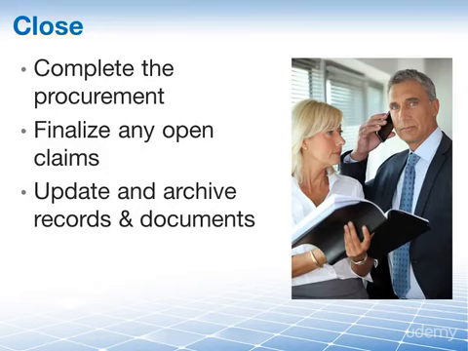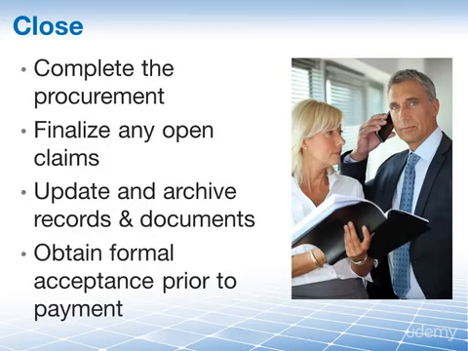For example, if you work for an airline, to fulfill FAA requirements, it's required that you have a full record of procurement of any airplane parts and maintenance. Once you obtain formal acceptance of the product, service or result, you need to ensure proper payment to fulfill the buyer's side obligation of the contract.